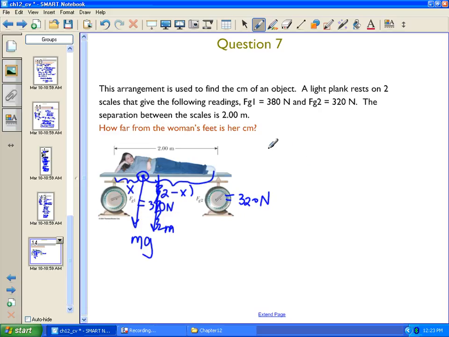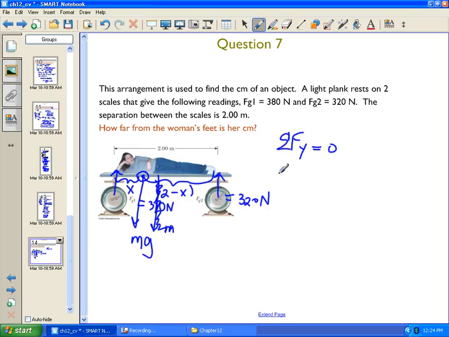Now we can take Newton's second law in the y direction, set that equal to 0, and we see that we've got three forces. Each of the scales supports her, so the reading is the normal force on the scale.